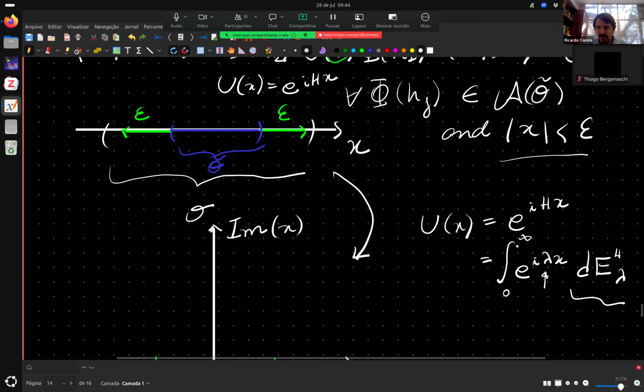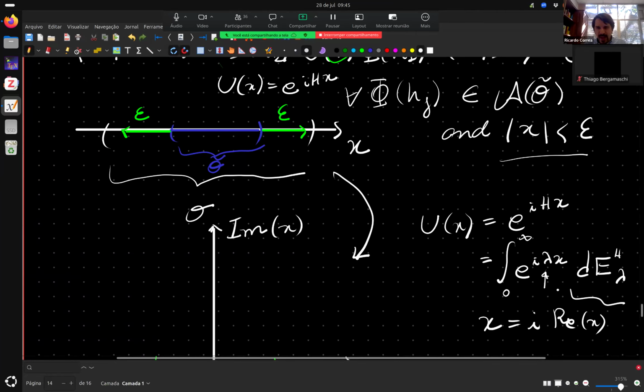That means that this exponential can be extended to complex x. Sorry, my mistake, it's not lambda, it's x, which is of the form i times some y, plus the real part of x.